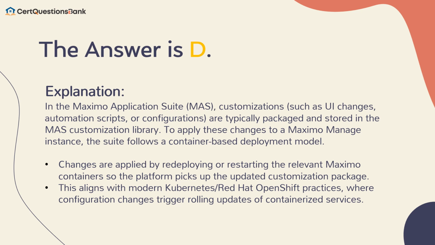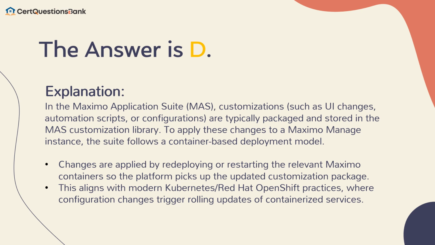In the Maximo Application Suite, MOS, customizations, such as UI changes, automation scripts, or configurations, are typically packaged and stored in the MOS customization library. To apply these changes to a Maximo Manage instance, the suite follows a container-based deployment model.